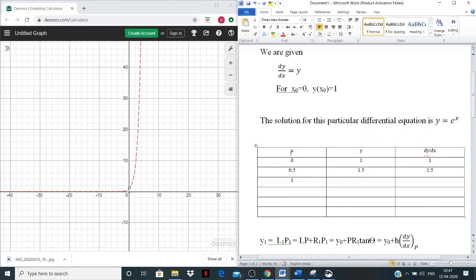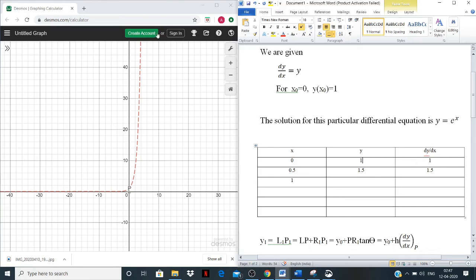Over here we know that initially the value of x is equal to 0, and for this the value of y is equal to 1. The initial condition is given in the equation. Now, using the equation dy by dx is equal to y, we can find the value of dy by dx, which will be equal to 1, same as that of y.